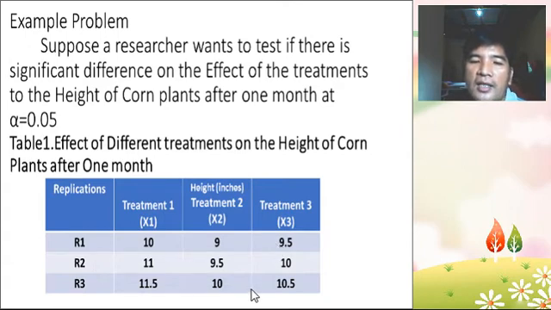These are the sample scores for each treatment, from treatment 1 to replication 3, then treatment 2 to replication 3, and treatment 3 replication 3, or T3R3. This is how you arrange your data when you are going to compute the analysis of variance.